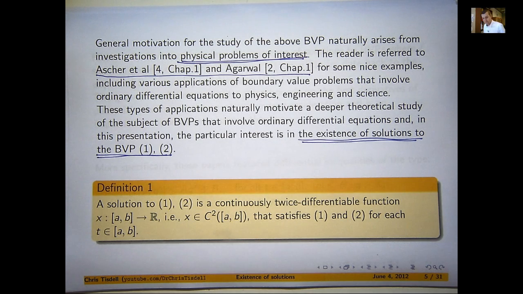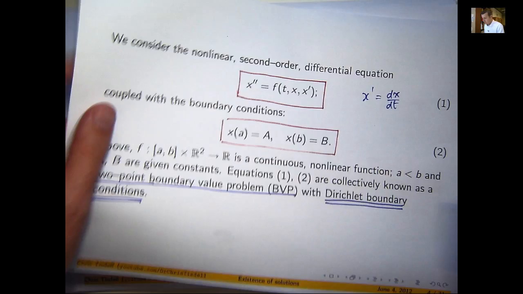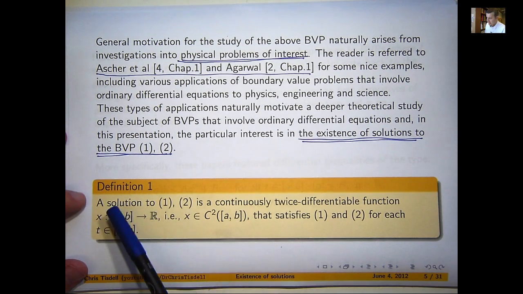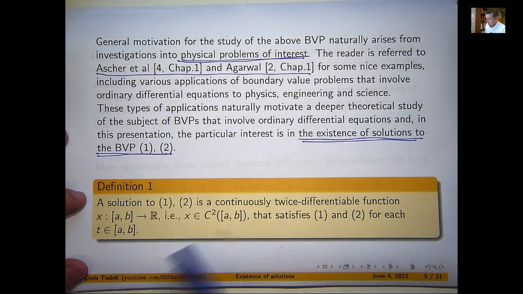Okay, definition to start off. What do we mean when we say a solution to our differential equation? Well, essentially, we've got to assume that f's continuous, and as such, a solution to our BVP is a continuously twice differentiable function, x, which is defined on this set and real valued.